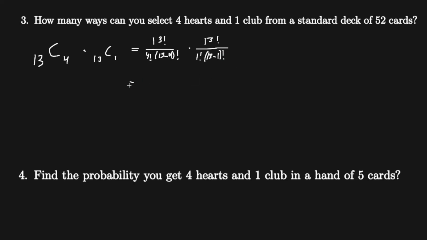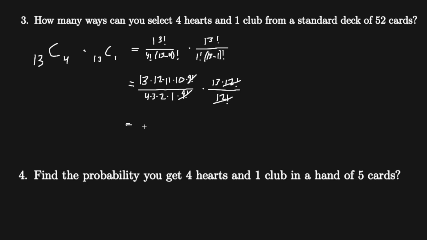Simplifying, we get 13 times 12 times 11 times 10 times 9 factorial over 4 times 3 times 2 times 1. 13 minus 4 is 9 factorial, that's why we cancel out the 9 factorials. On the right side, we get 13 times 12 factorial, since 1 factorial is just 1 and 13 minus 1 is 12 factorial. The 12 factorials cancel out.